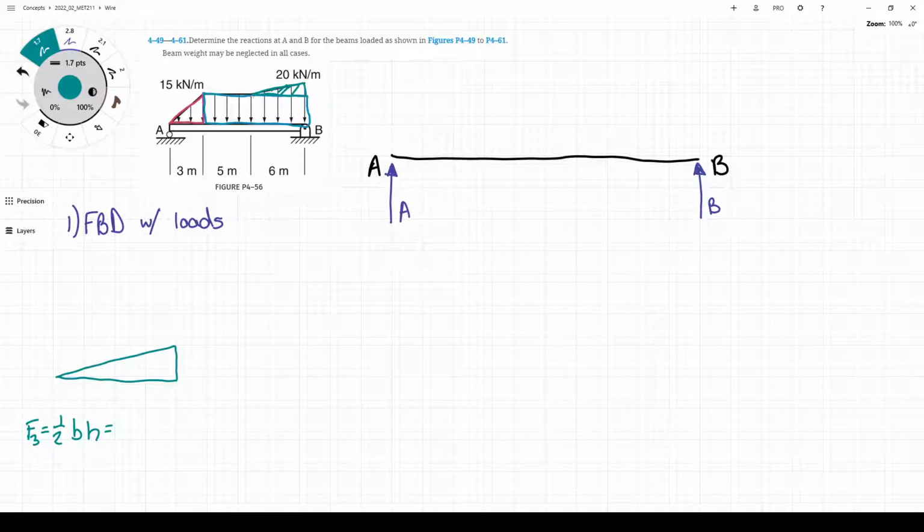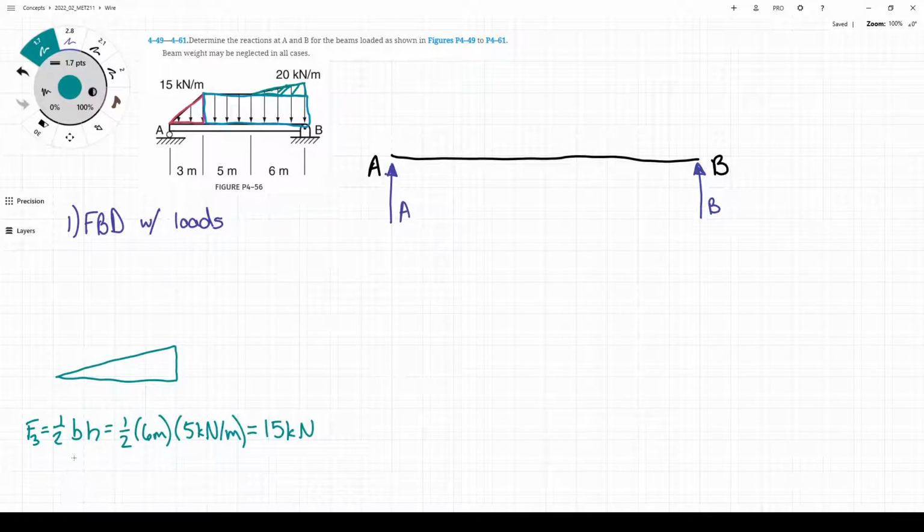So that's going to be 6 meters wide, so 1/2 of 6 meters. And the height is 20 kilonewtons per meter at the peak, but it's 15 kilonewtons per meter at the base. So the height is going to be 5 kilonewtons per meter. If we multiply this out, we'll get 15 kilonewtons. So we have a force F3 of 15 kilonewtons.